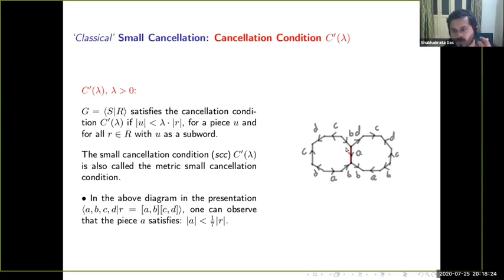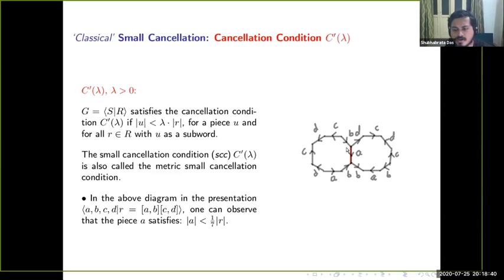We call some subword a piece when two such relators come together on some subword, where the boundaries of the disks overlap.